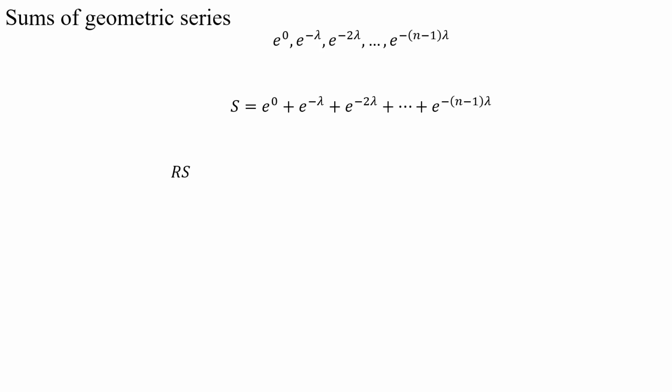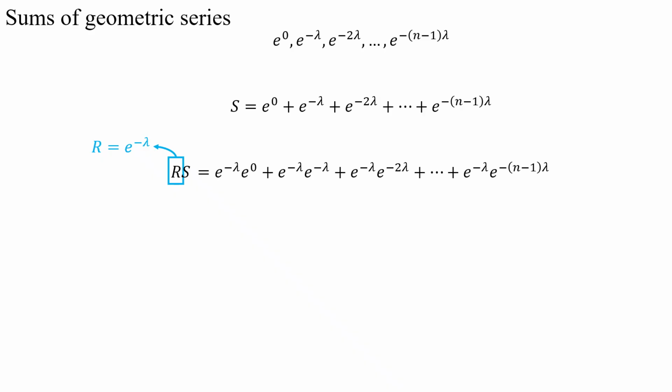So we define another term called RS, where remember we just talked about the term R being generally equal to little r to the epsilon, but in our case it's e to the negative lambda. So each term that was in S, we simply add an e to the negative lambda in front of it.